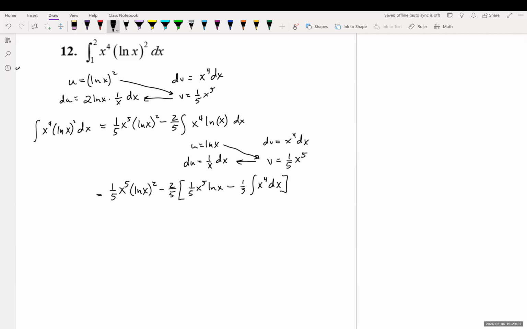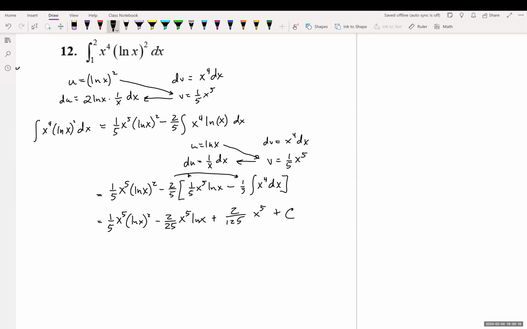And now we're ready to do a quick integration here. 1/5 x to the 5th (ln x) squared minus, multiplying here, we're going to get 2 over 25 x to the 5th ln x. Multiplying here, we're going to get minus plus, right? A negative times a negative, 2 over 25. Antiderivative, that's going to give us 1/5 x to the 5th, really plus c there. And we can go ahead and multiply these together. That'll give us a 2 over 125. So I'll go ahead and write that here.